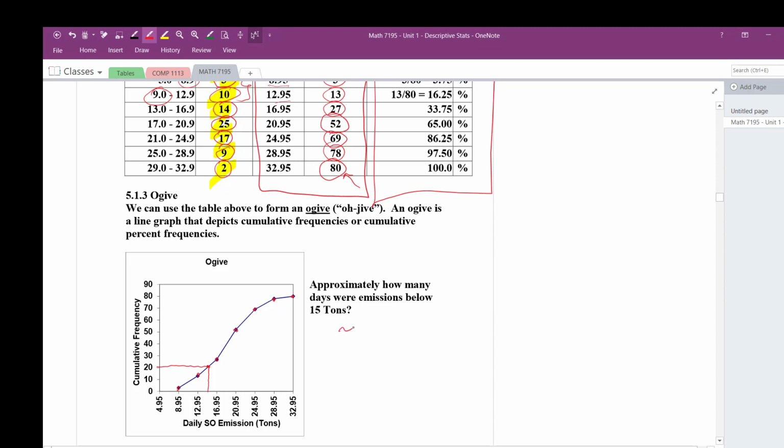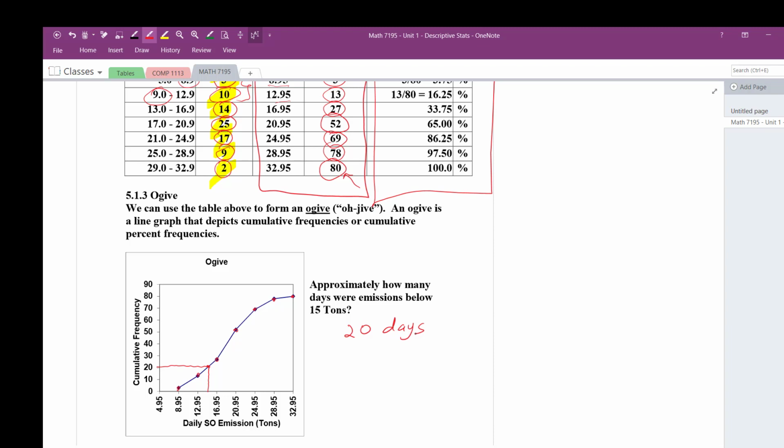And say, I think that emissions were around 20, or how many days, I guess I'm asking. Number of days would be 20 days. This is out of 80, if you recall. So 20 out of 80 days emissions were 15 tons or less.